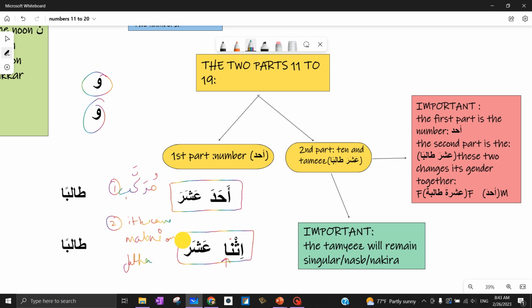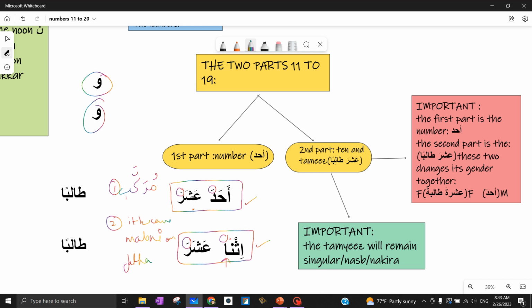So the ashara also remains mabni on fatha, and here also ashara became mabni on fatha. Even the number name ahada became mabni on fatha. But since this is a weak letter, I cannot put a haraka over it, so we will assume there is a fatha over here. So the number became mabni on fatha.